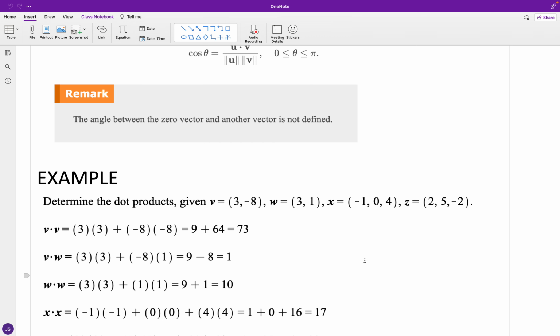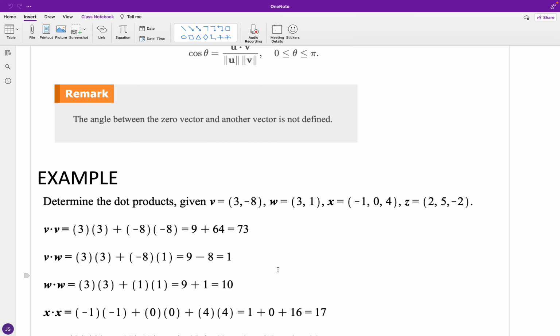And if I take the dot product of v and w, we have 3 times 3, plus negative 8 from v times 1 from w, so we get 9 minus 8, so this dot product ends up at 1.